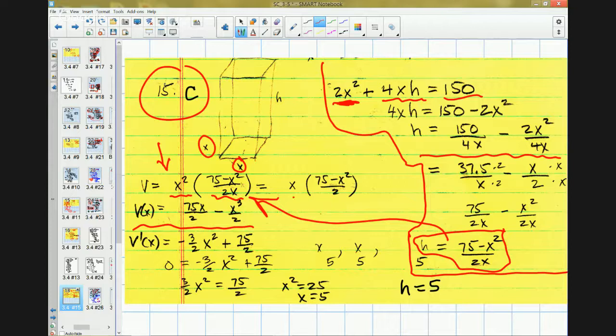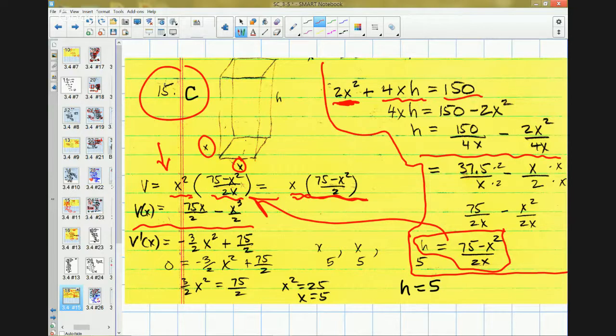So here's a simplified version of what's to the left there. I mean, what's x squared over 2x? I canceled the x's. So here's a simplified version of what's to the left of it. Okay, now multiply x out. x times 75, 75x over 2, and then minus x cubed over 2.